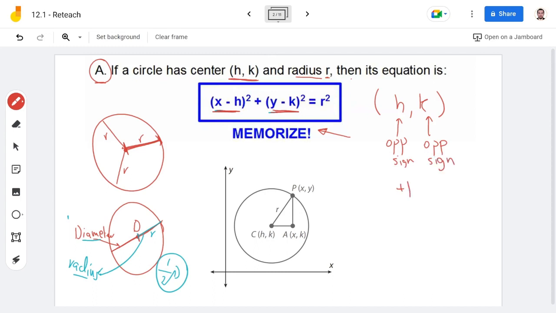If the question gives you +1 for h, it will be (x minus 1) squared. If k is +2, it will be (y minus 2) squared. All of that equals the radius squared. Always opposite sign, don't forget.